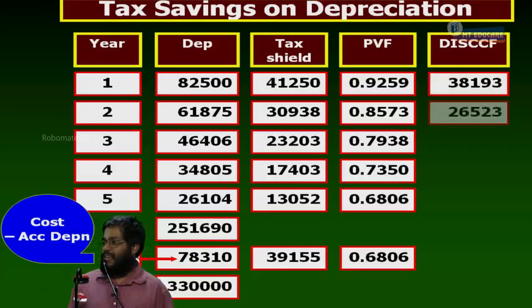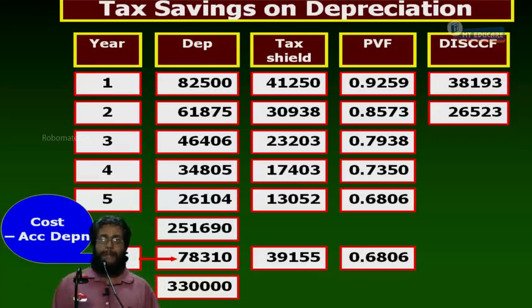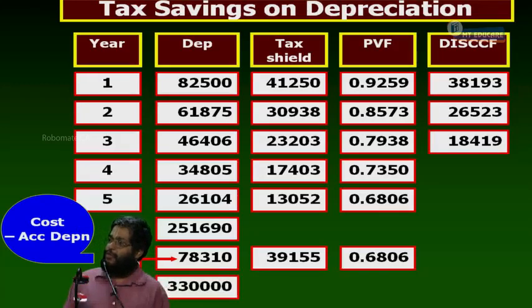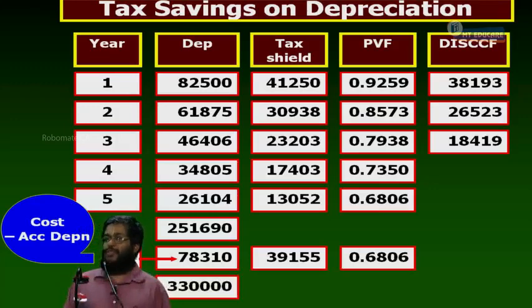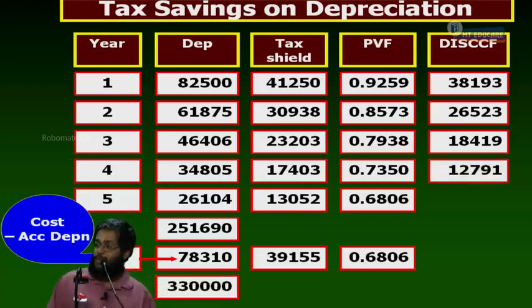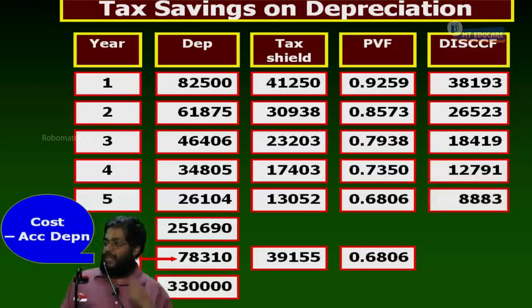Second year discounted tax savings are 26,523. 23,203 into 0.7938 gives 18,419. 17,403 into 0.7350 gives 12,791. 13,052 into 0.6806 gives 8,883. And 39,155 into 0.6806 gives how much?